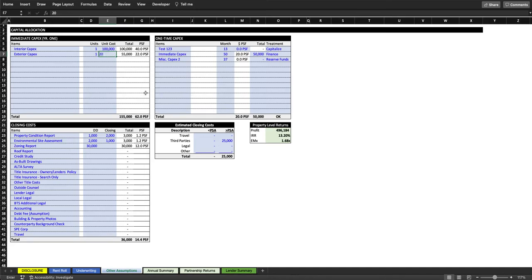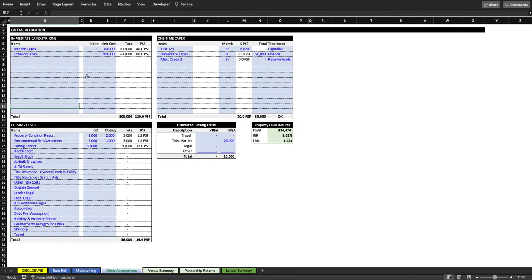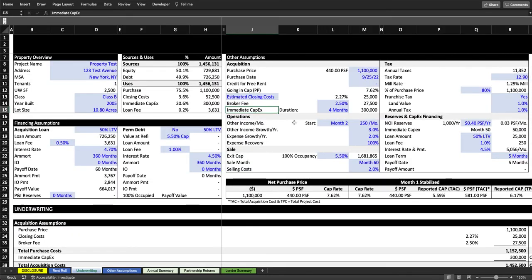So here, let's say we're going to spend $200,000 on exterior CapEx, but essentially you can build this out to be specifically targeting however much repair or however much investment you're putting into the property. And you'll now notice this says 300,000, about 120 per square foot. We'll get into the per square foot in a minute, but that 300,000 is now showing here.